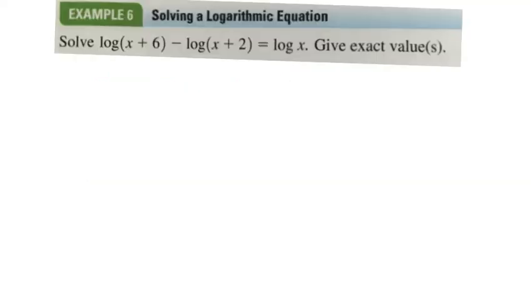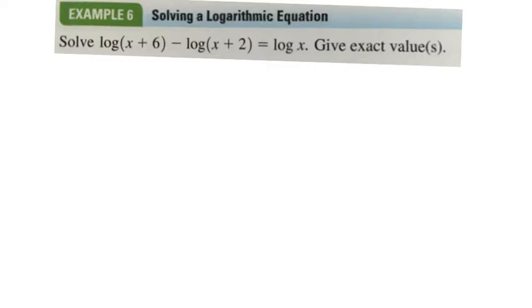Now, here's another example. It says solve log of x plus 6 minus log of 2 equals log of x, and give the exact value. Alright. If you notice for this one, it has a log on each side.